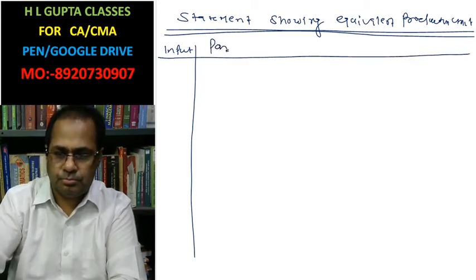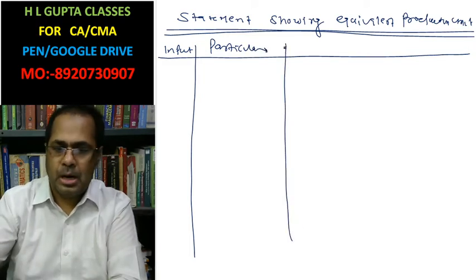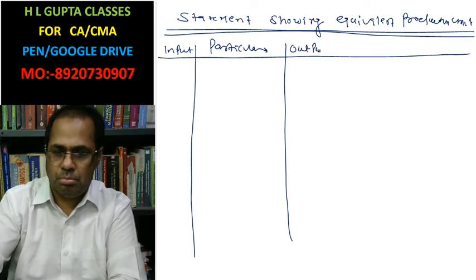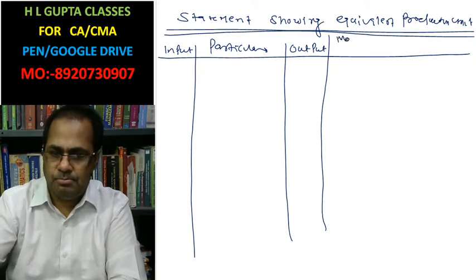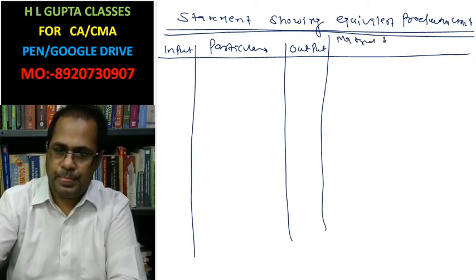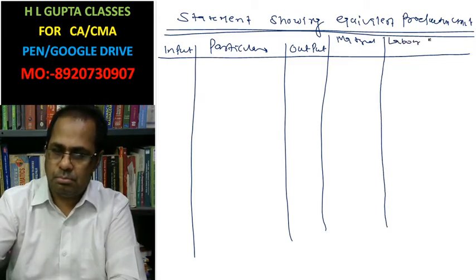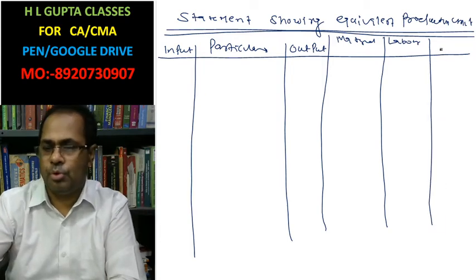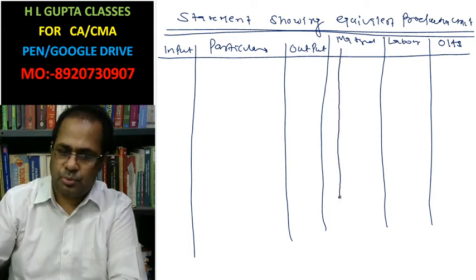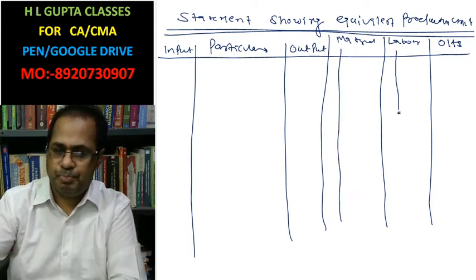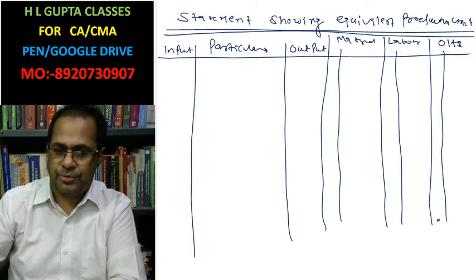Particulars, output. This is material, labor, overheads. In material, labor, overheads, there are two things: this, this, and this.